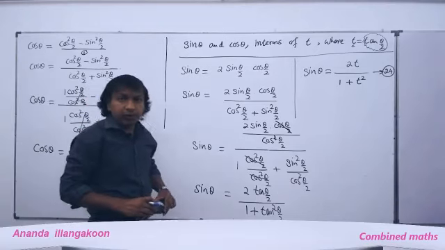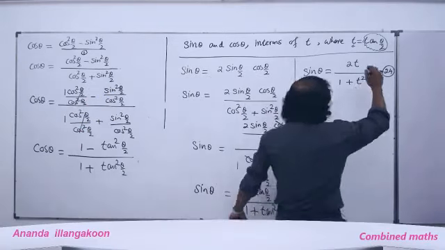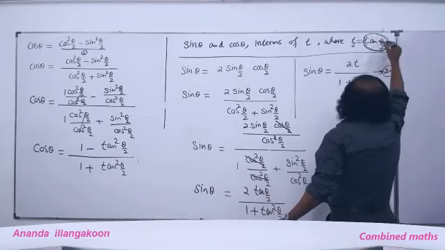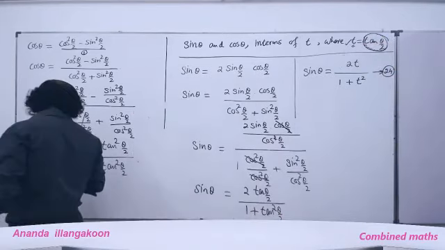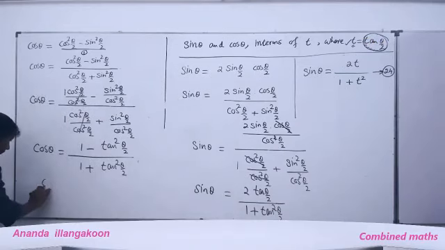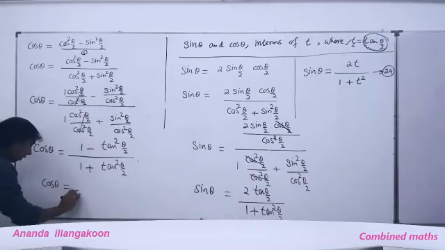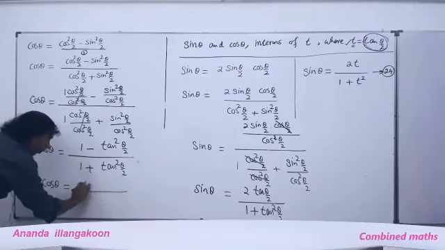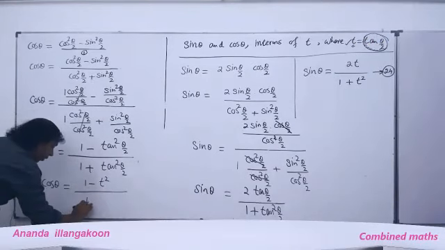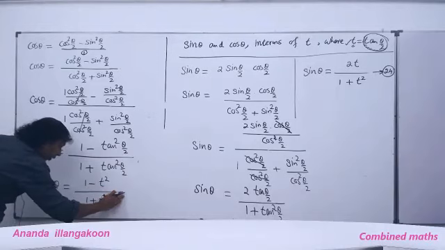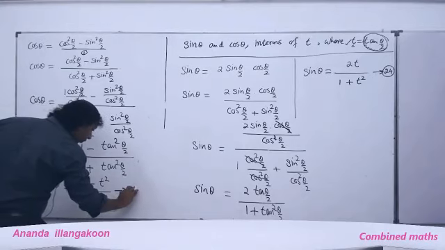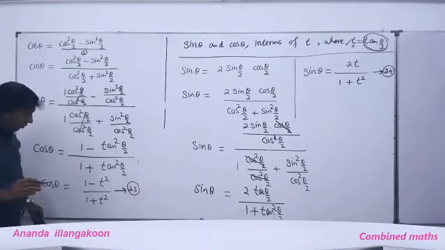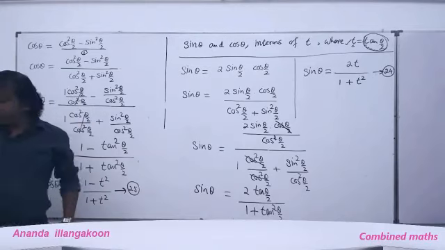Okay, now, but what is tan theta by 2? It is this t. Put that t here, here. Then cos theta is now 1 minus t squared divided by 1 plus t squared. Right. This should be number 25. Now the 25th formula we obtained.